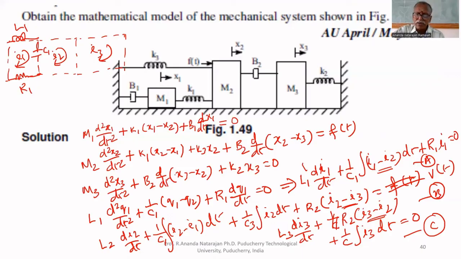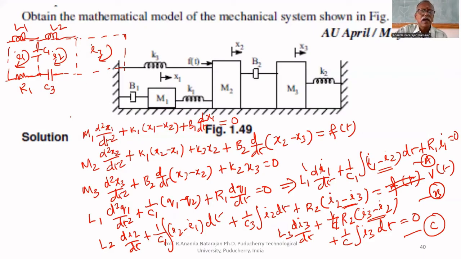In the second equation, L2 is in I2 only. For I1 minus I2, C1 is already drawn. C3 is in the second loop only, so we can draw it here.